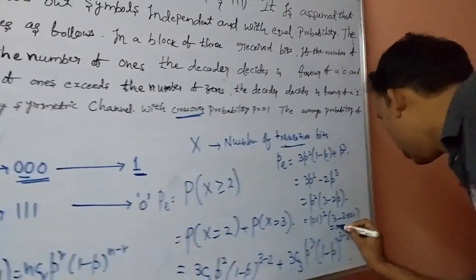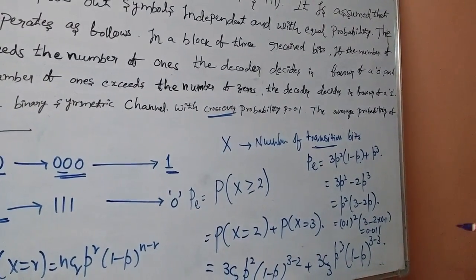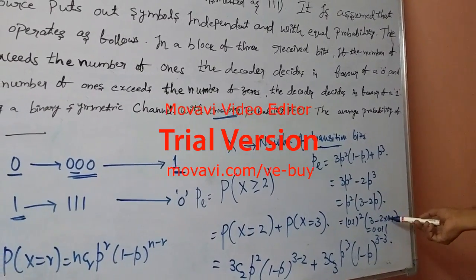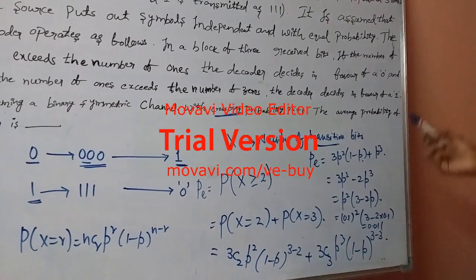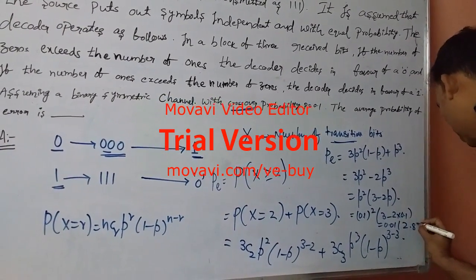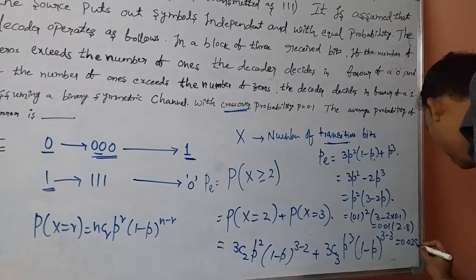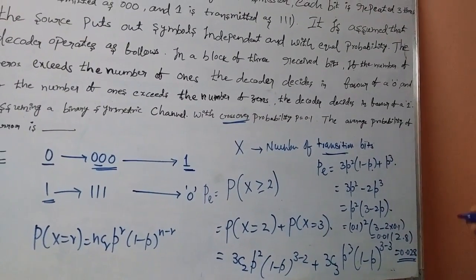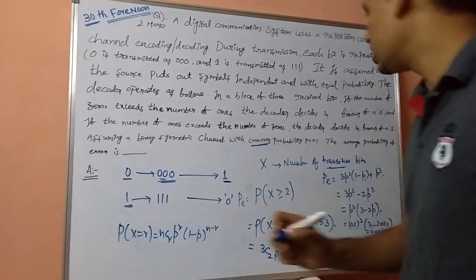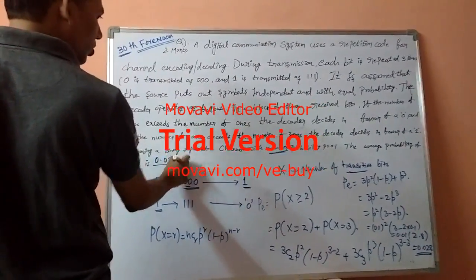This is equal to 0.01 into (3 minus 0.2), because 2 into 0.1 means 0.2. 3 minus 0.2 is nothing but 2.8, and 2.8 multiplied with 0.01 is 0.028. So the probability of error equal to 0.028. So the answer is the average bit error probability equal to 0.028.